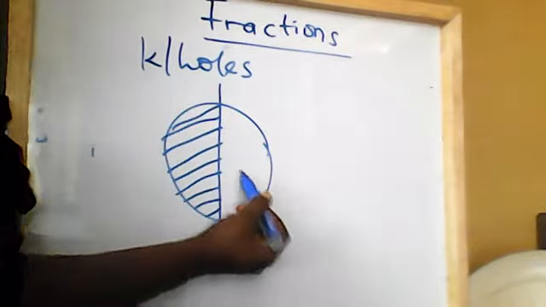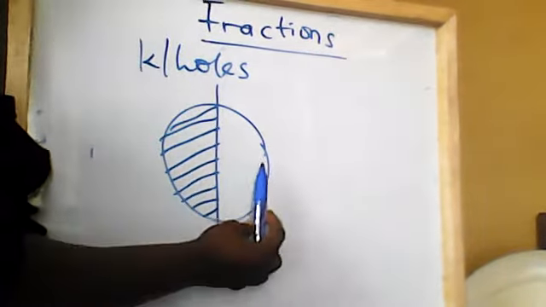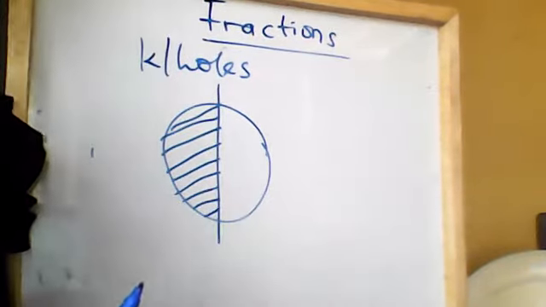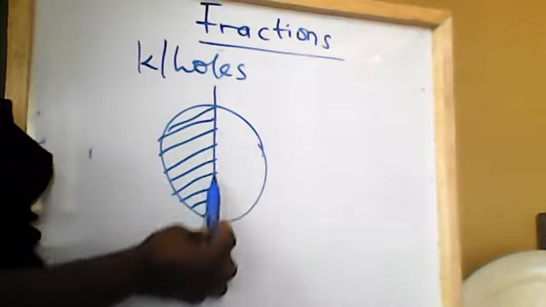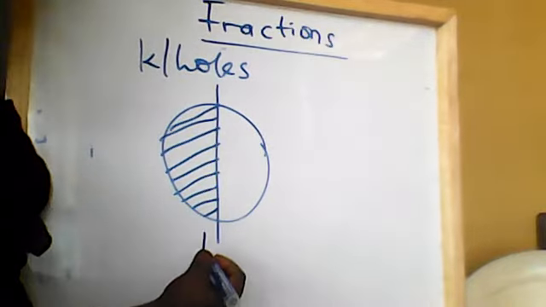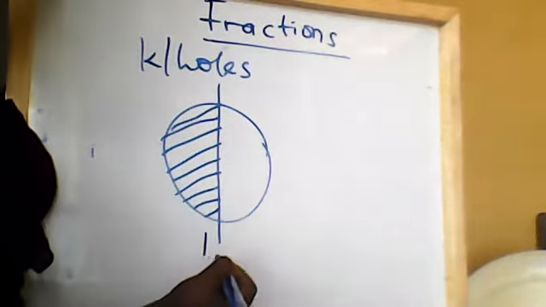We have two sides. One side is shaded, the other side is not shaded. This part that has been shaded is one of two sides.